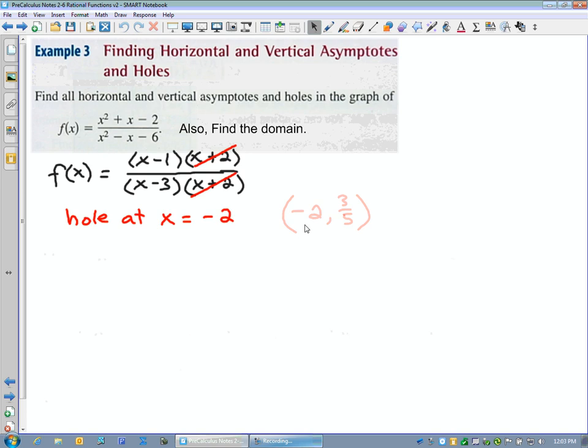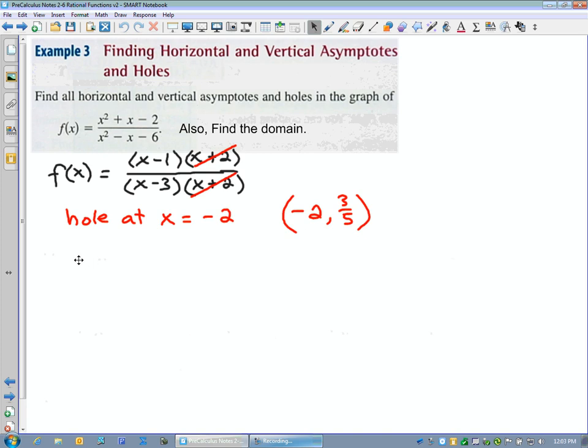So therefore, the point -2, 3/5 does not exist on the graph, even though everything else left and right of it does. So this is exactly where the hole will be, at -2, 3/5.